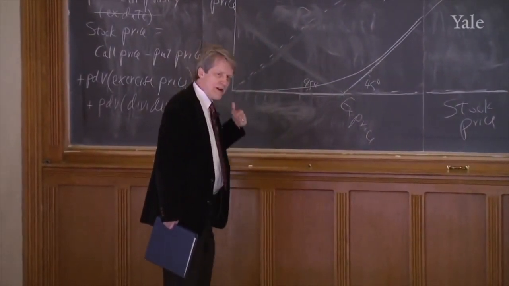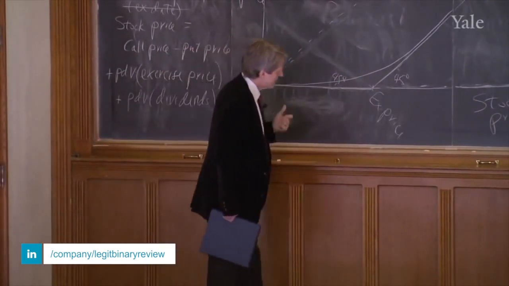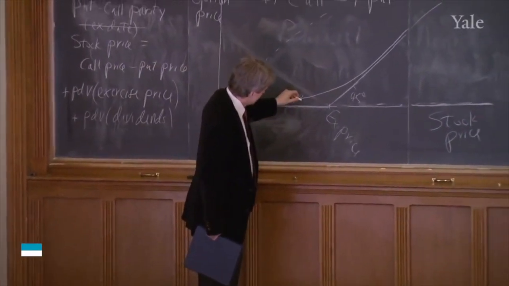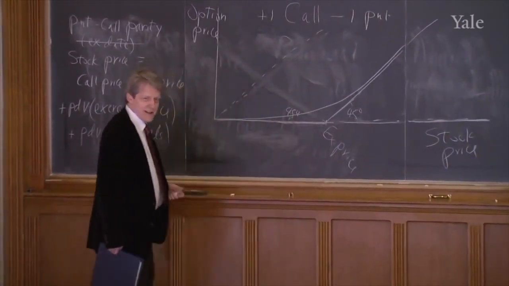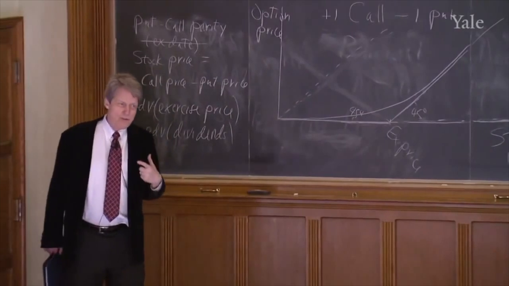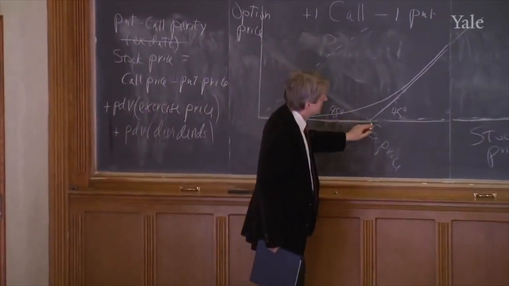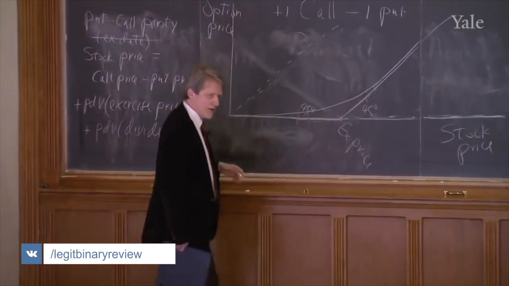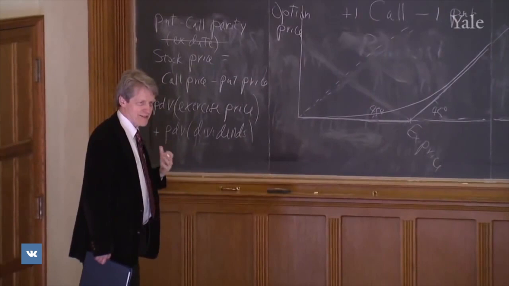But the reason you don't want to exercise an option early is because if you exercise it early, your value drops down to the broken straight line. Right? It's always worth more than the broken straight line indicates before the exercise date. So if you want to get your money out, sell the option. Don't exercise it early.